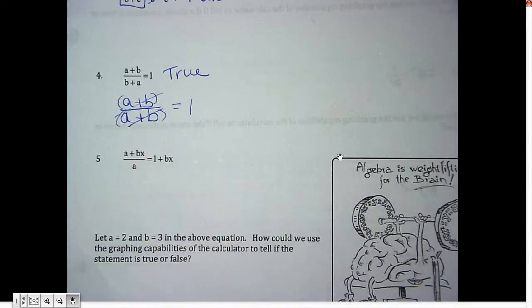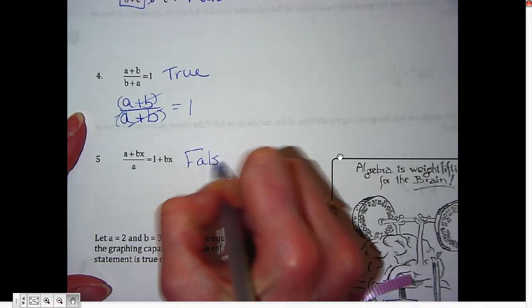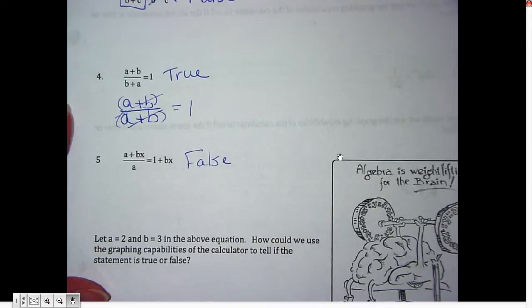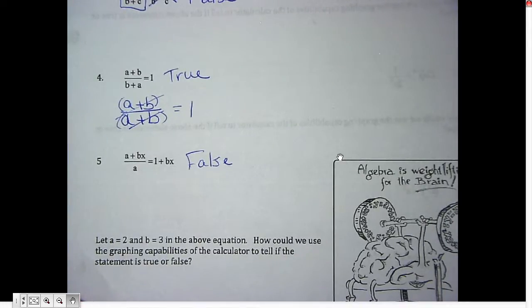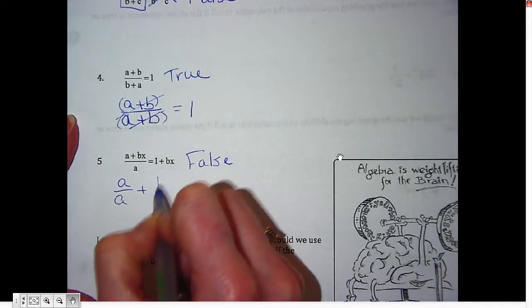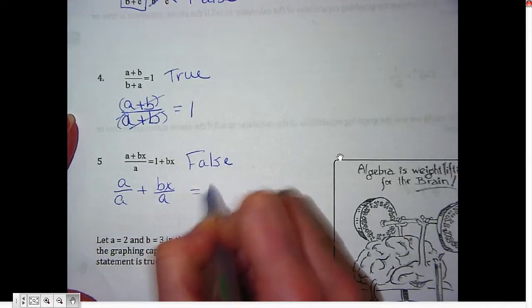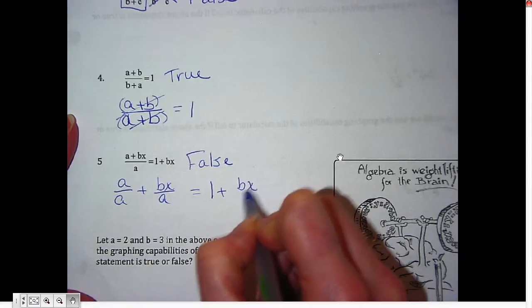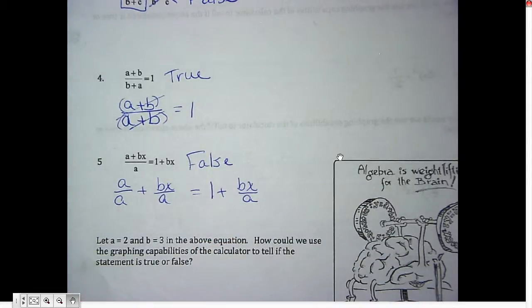How about number 5, Matt? What did you get for number 5? That's false. Why false? Because we're supposed to use A equals 2 and B equals 3 for that one. And you can separate it as A over A plus BX over A. So it ends up being 1 plus BX over A. And you plug in the numbers they gave you, it ends up being 1 plus 3X over 2.